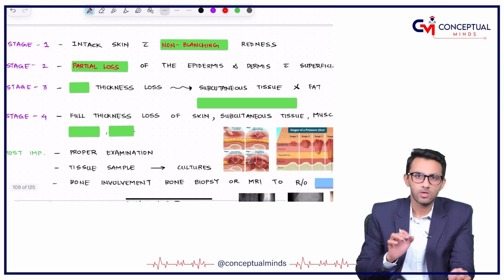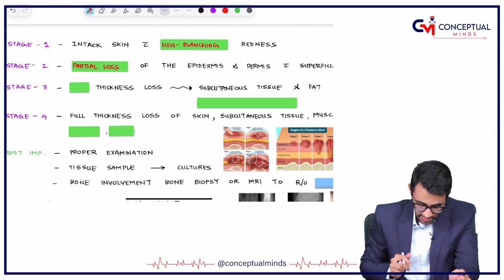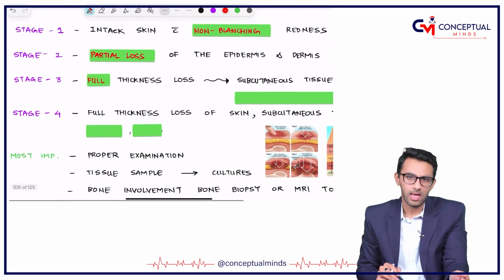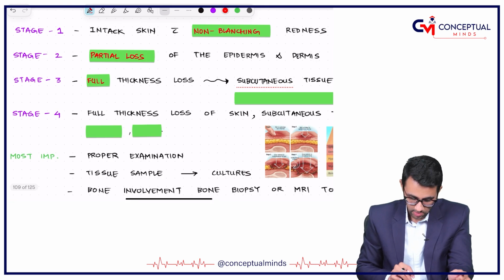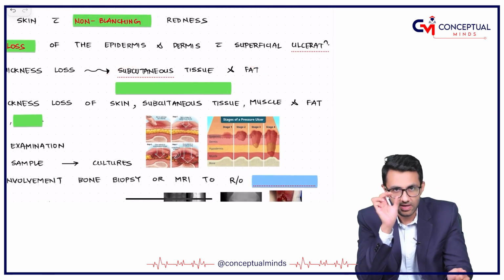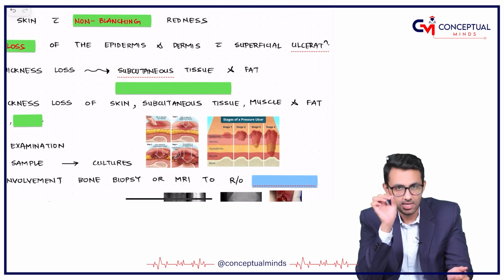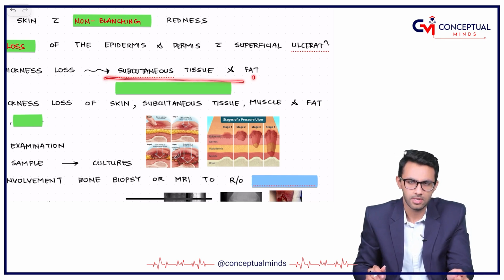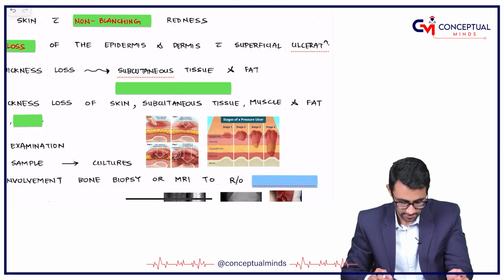In stage 3 there is full thickness loss. What do we see in stage 3? The very peculiar word about stage 3 is that we will see subcutaneous fat. Subcutaneous tissue and fat would be visible.